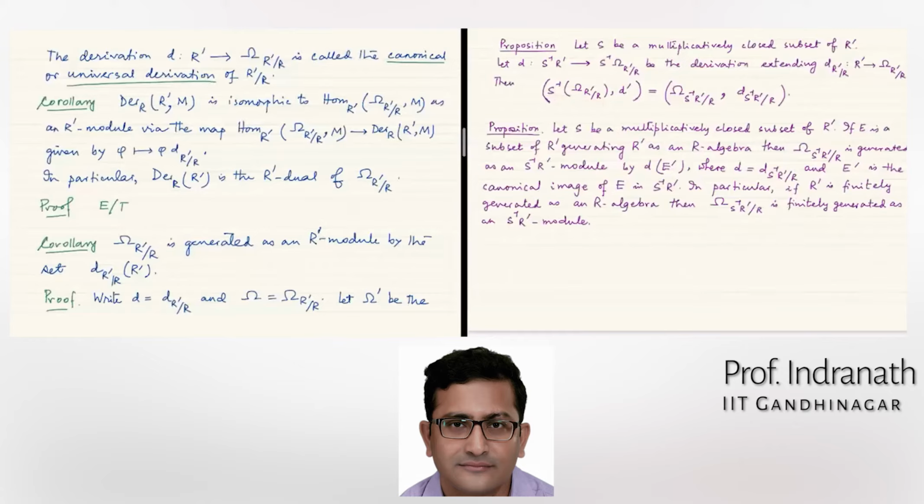The two actually match. You are going to use the universal property to prove this, but I have deliberately avoided it for the time being. I have put it in purple color, which means that it will be added eventually.